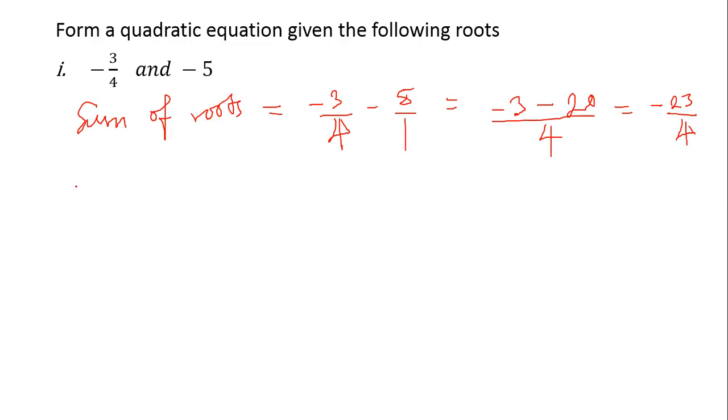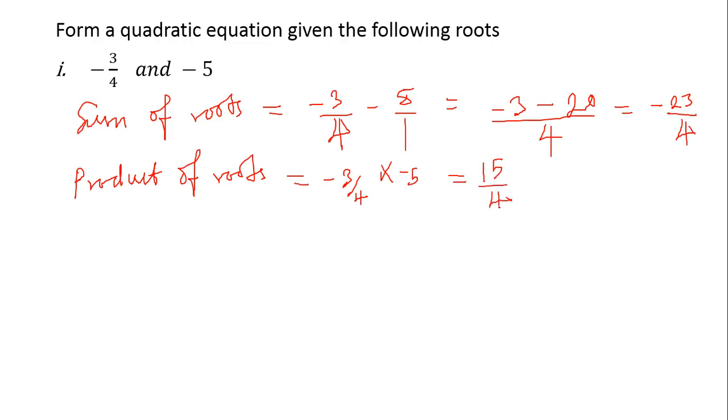Then we get the product of roots. This is the same as -3/4 times -5. So the negative and negative will make it positive. 3 times 5 is 15 divided by 4.